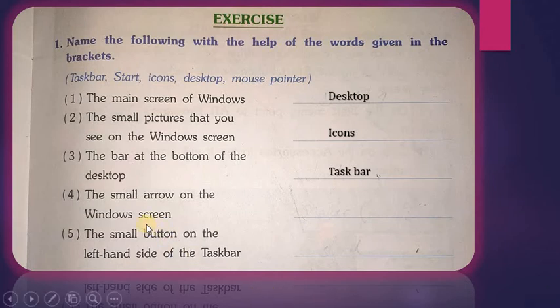Now the fourth one, the small arrow on the Windows screen. Now you can see the small arrow on the screen, right? The white arrow, you can see it moving in a circle, now on the square, now left, right, left, right.